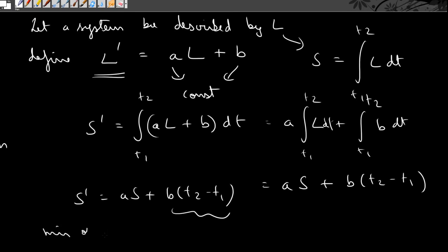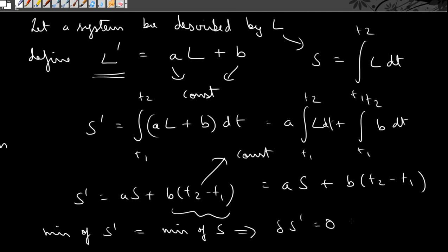And minimization of S dash is the same as minimization of S, because this is a constant. So that means minimization of S implies variation of S dash should be equal to 0. So this also implies variation of S should be equal to 0.